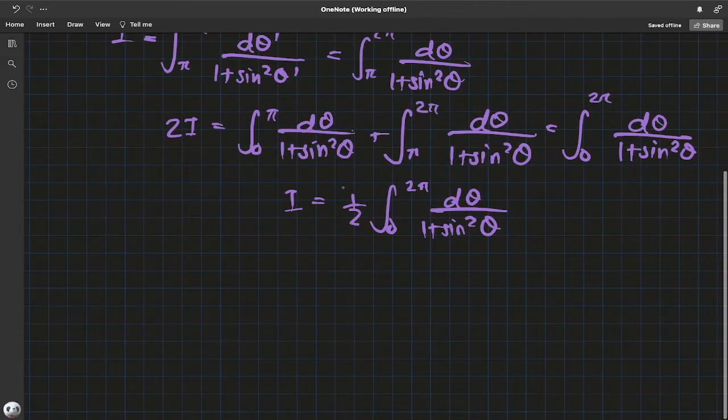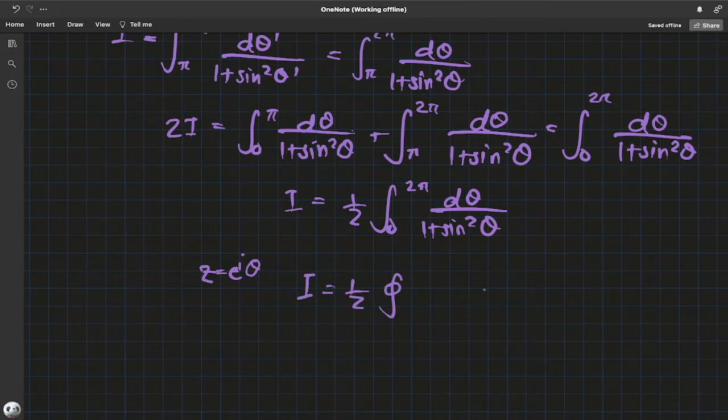Okay, so let's try to solve this. We can use our substitution now. z becomes e raised to i theta. So I is just 1/2 dz over iz.